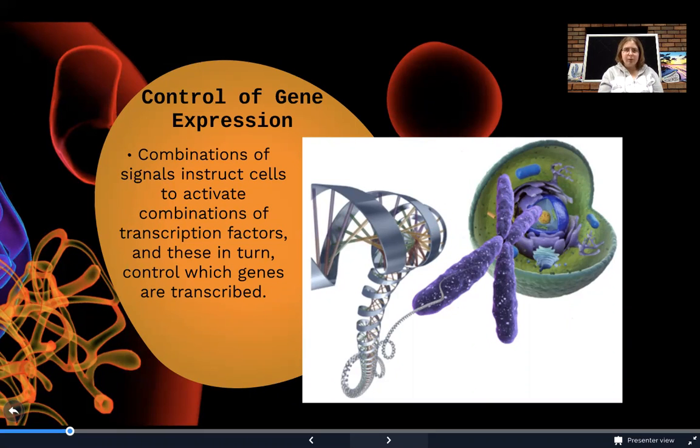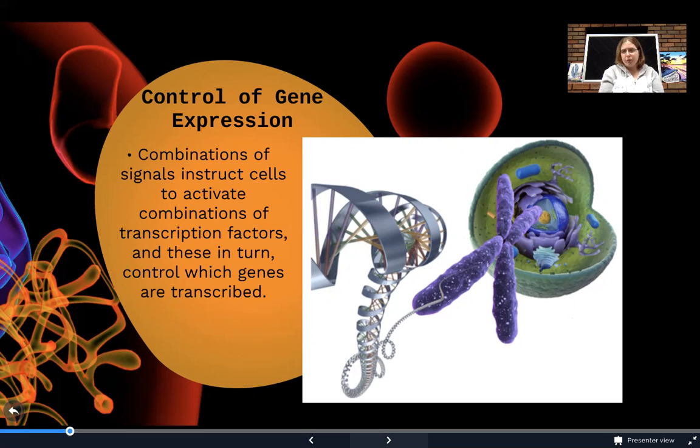So let's talk a little bit about what that means. How is it that we know when to transcribe genes into the mRNA in the first place? We've mentioned before that there are transcription factors, and they're the ones that target specific genes, like, all right, we are going to look at this section, we are going to transcribe to this point, and that's it.